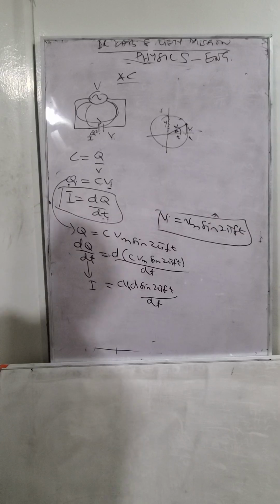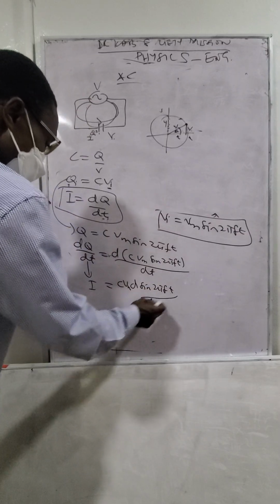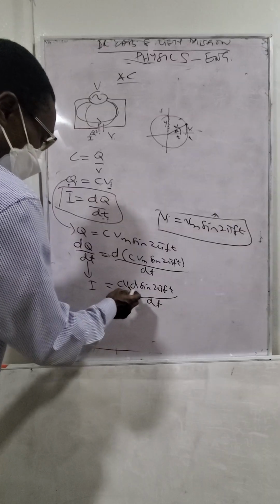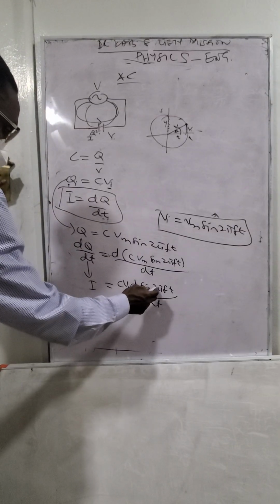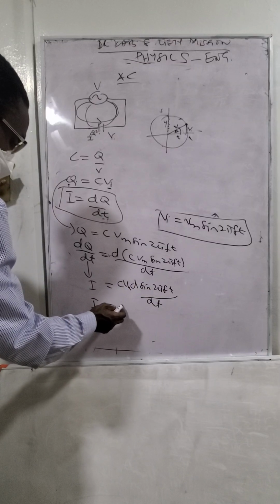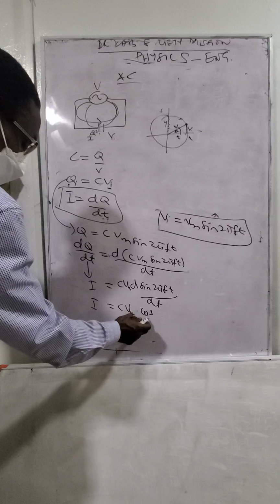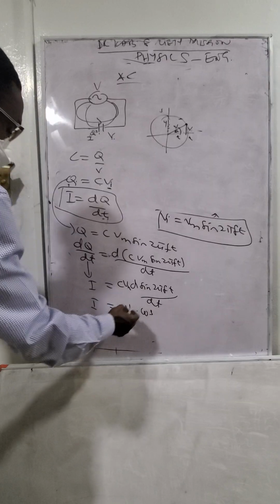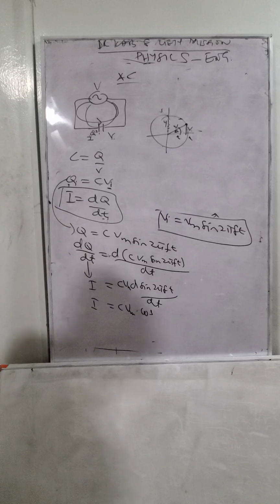Okay? Right. So if we differentiate this, what are we going to get? So I is equal to, if we differentiate this, we're going to get what? Cos. So C Vm cos, of course the constant will always come out if you have it. So we're going to have your constant as it is here.